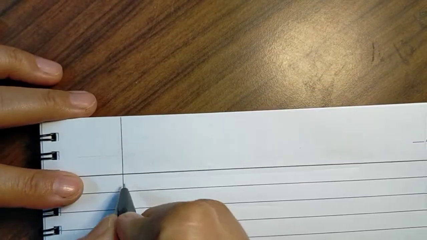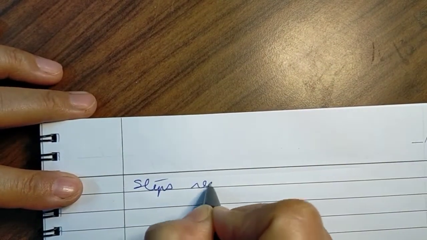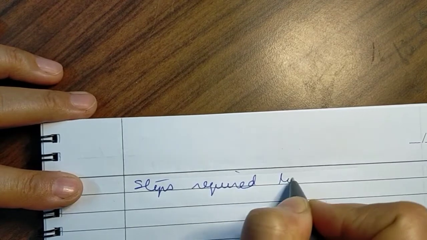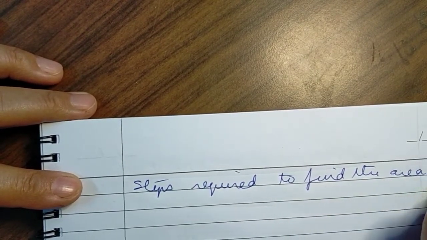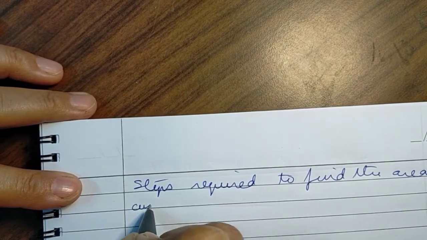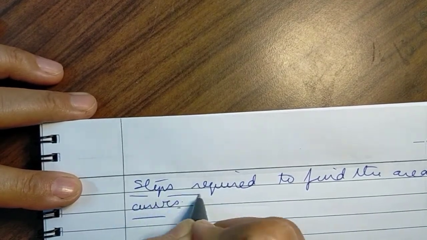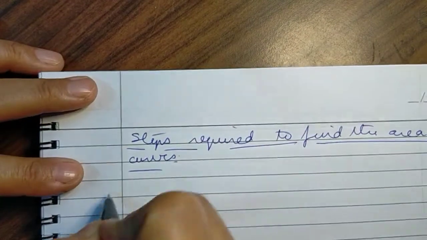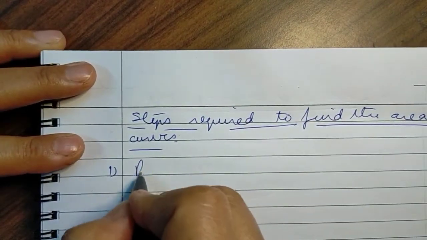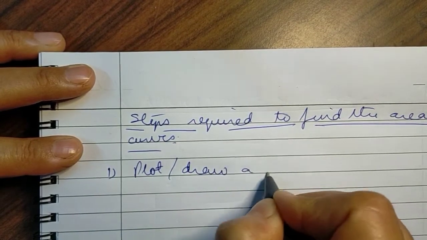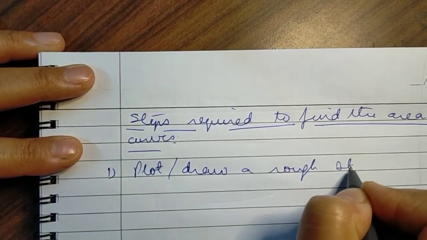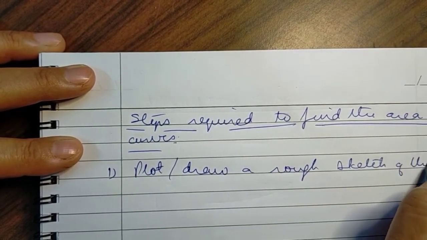So basically, the steps required to find the area under curves. What all we are going to do, we will plot or draw a rough sketch of the curve.